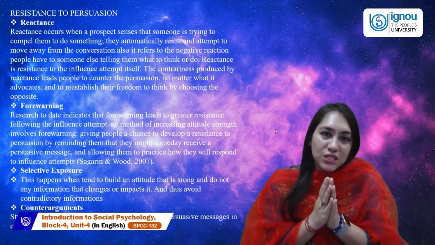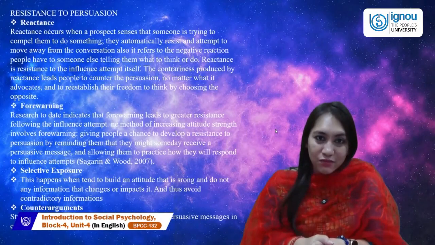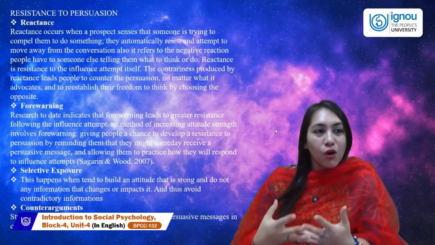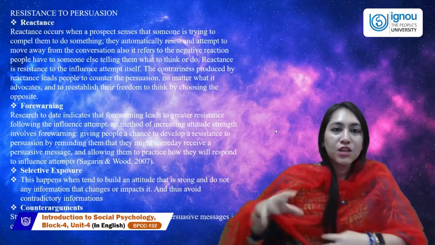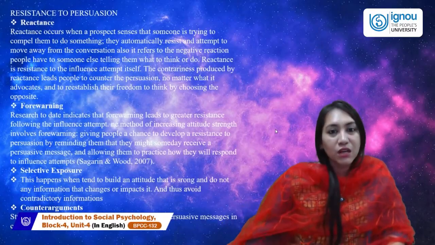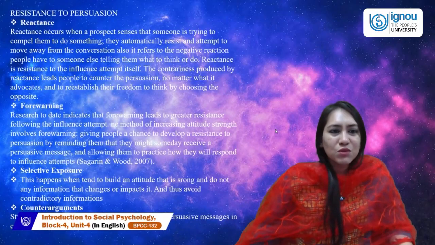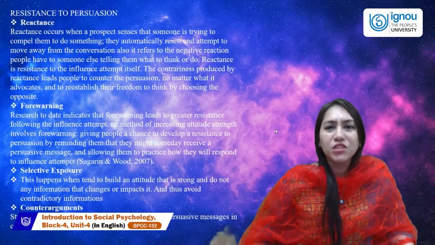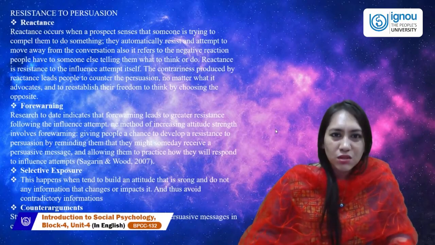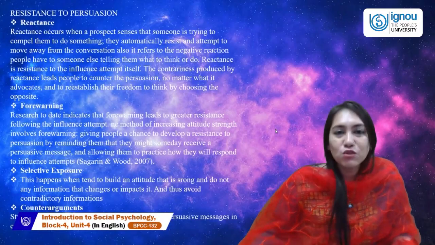So this is reactance, which is when you get to know that people are compelling you to do something, you automatically move away from it, you start avoiding it. And at times, reactance also gets very automatic when you know that any idea is contrary to your attitude, you don't want to change it, so you move away from it.